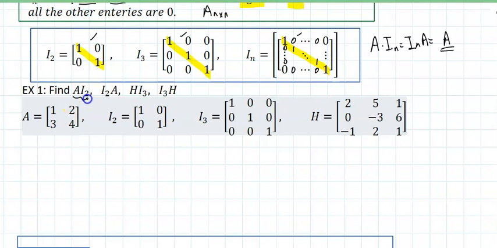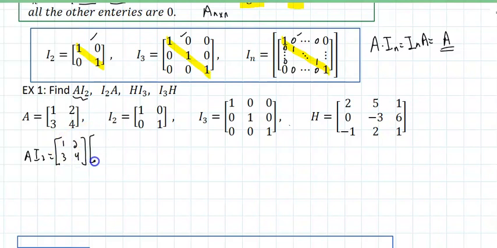So find A times I2. A would be 1, 2, 3, 4, times 1, 0, 0, 1. To generate the first row, I use the first row: 1 times 1 is 1 plus 0, and 1 times 0 is 0 plus 2 times 1 is 2.